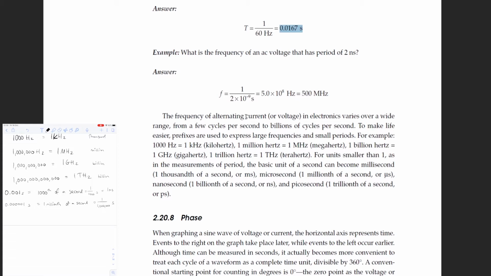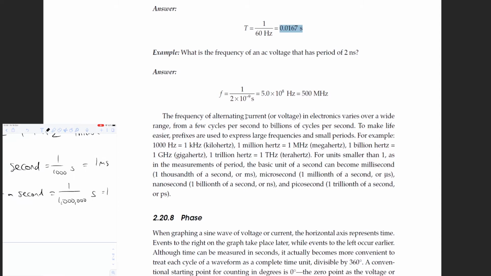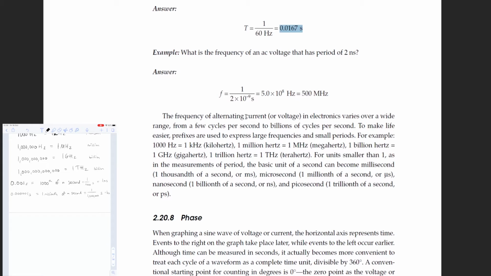Okay, so 1,000th of a second is 1 millisecond, and then a microsecond is that micro symbol, the U symbol. This is what I like about the iPad, I can make space on it here. This is equal to 1 microsecond. Okay, and then you've got a nanosecond.